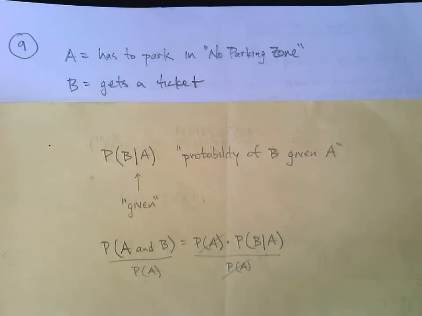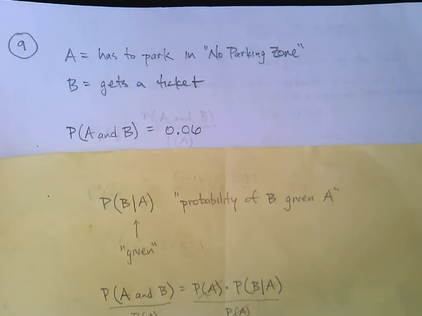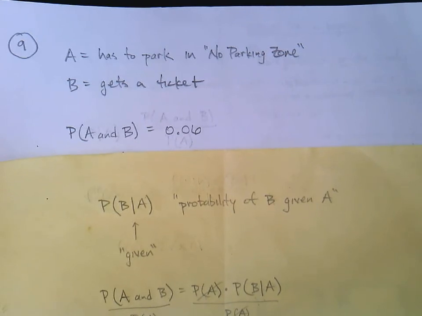So what did they tell us in the description? When we read that first sentence, that's the and, right? The probability that Sam has to park in a no parking zone and gets a ticket. So the probability that both of those occur is 0.06, A and B. And then the second part of that sentence, the probability that Sam cannot find a legal parking space and has to park, so we can trim it down.